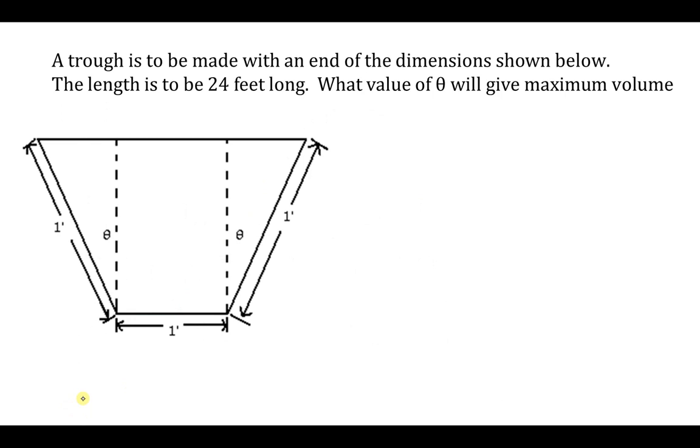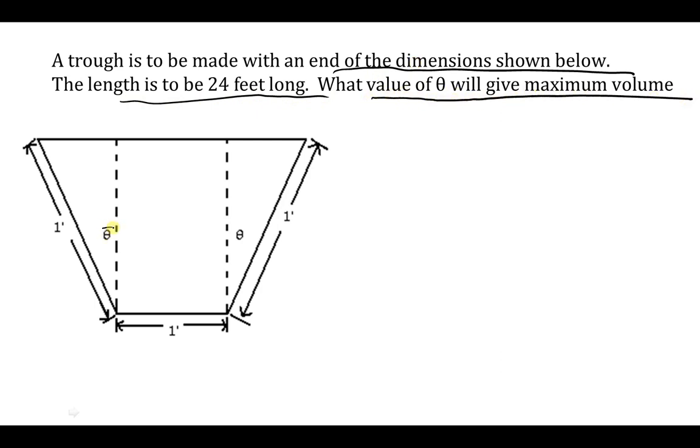Now the next problem is we want to make a trough that has the end dimensions shown below, and the length of the trough is to be 24 feet long. We want to know the value of theta, that's this angle here, which will give the maximum volume.